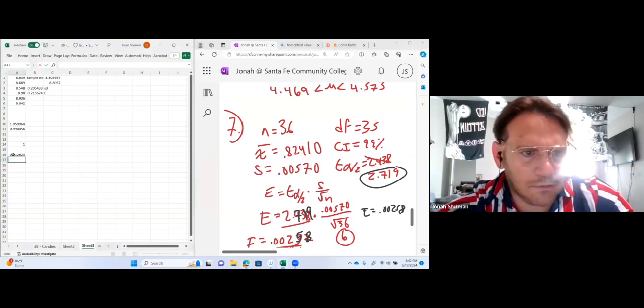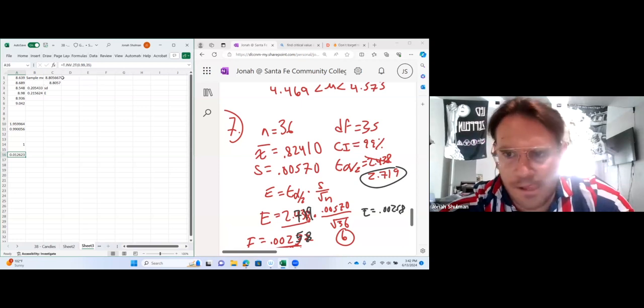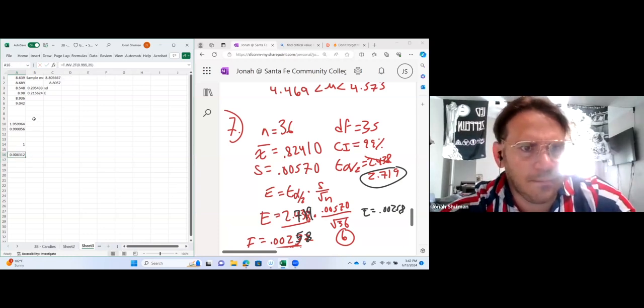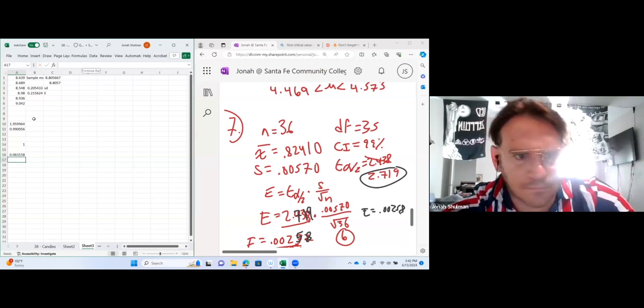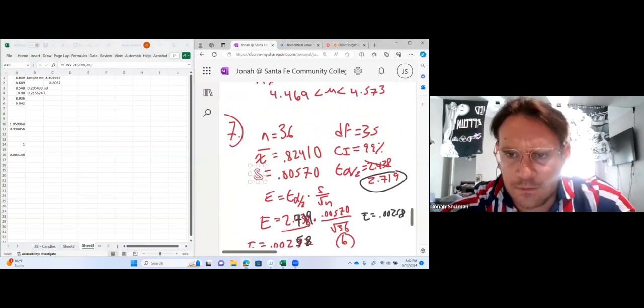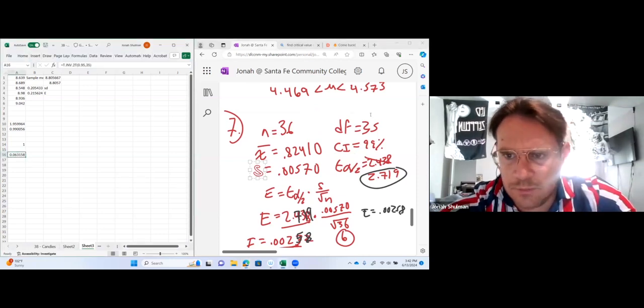No, it's not right. 0.99, 35. What if it's 0.995 because it's halfway between? Nope, not getting it. Should be getting 2.719. We're not getting that value at all with this probability.